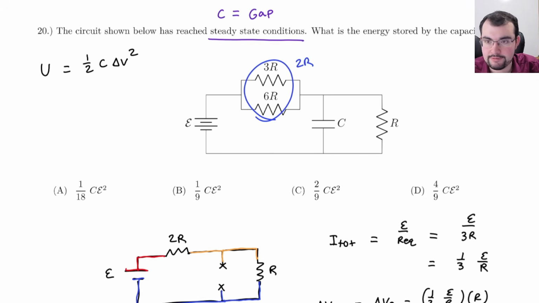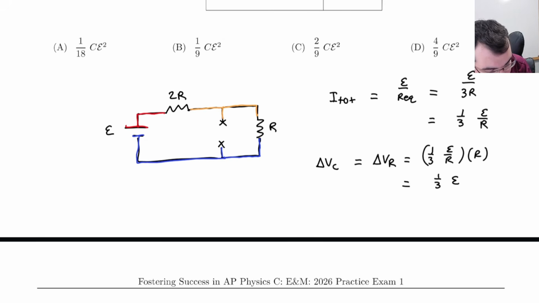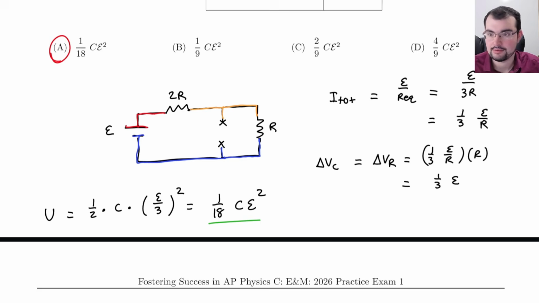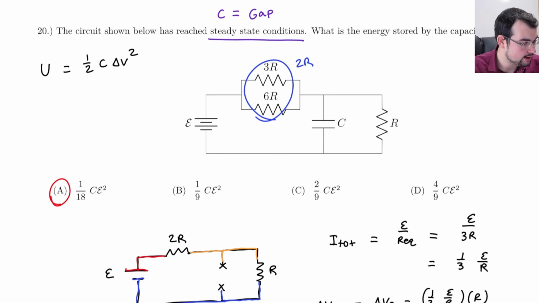And now we can finally plug into our formula where U is 1/2 times C times delta V squared, and I'd get 1/2 of 1/9 because I got to square the 3, so I actually get an 18th. Answer choice A. Obviously, this would be 3-star.